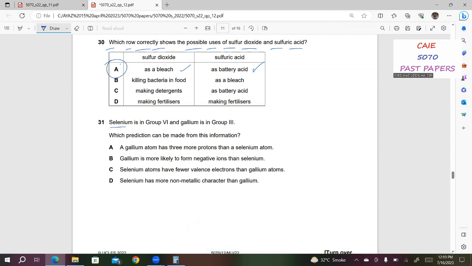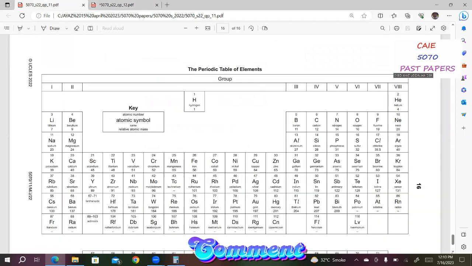31, selenium is in group 6 and gallium is in group 3. Which prediction can be made from this information? A, gallium atom has 3 more protons than selenium atom. Let's look at the position of gallium and selenium and their proton number. Here is gallium, Ga.